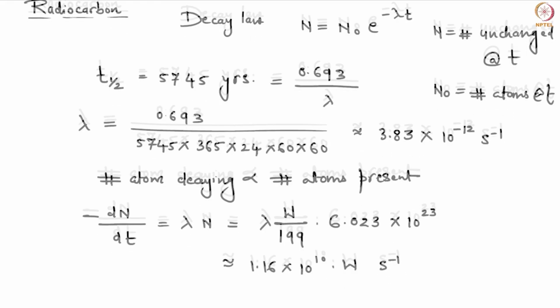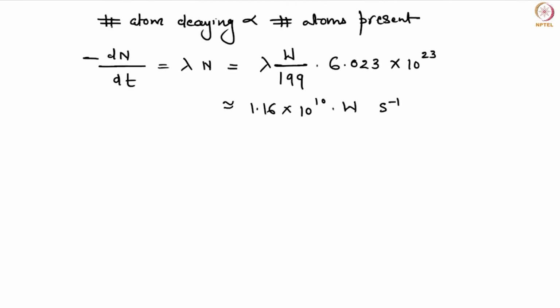However, what do we know here? We know that the activity that we need to get is 1 millicurie. Now interestingly, what is 1 millicurie? This equals 3.70 into 10 power 7 decays per second.